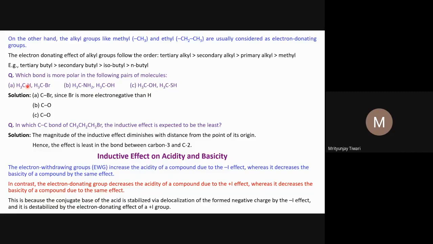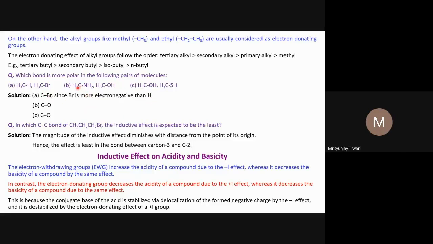The bond moment of the CBr bond will be much larger because this atom is also larger and has higher electronegativity. So we see a larger separation of electrons between these two atoms than between C and H, so the CBr bond is more polar. In this pair of molecules, the CBr bond is more polar since bromine is more electronegative than hydrogen.